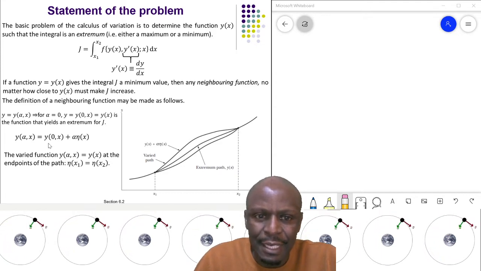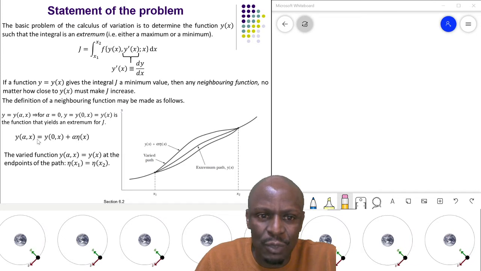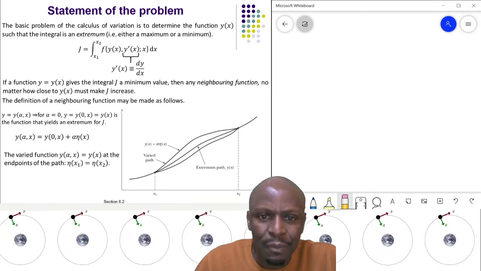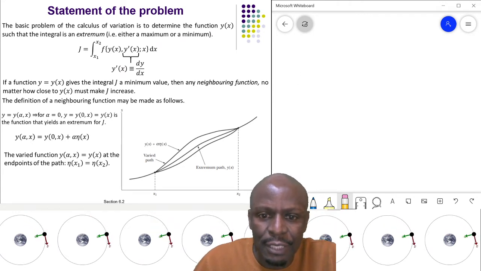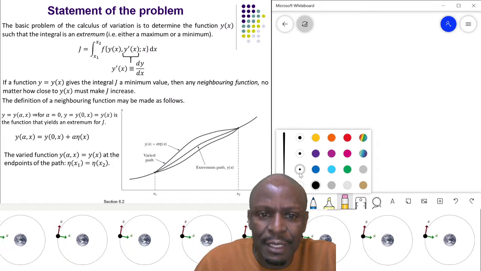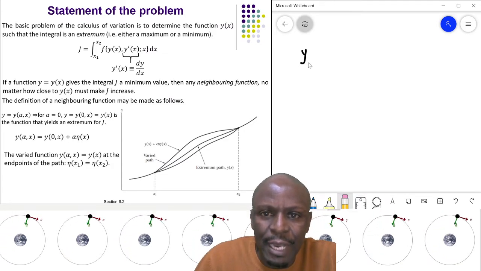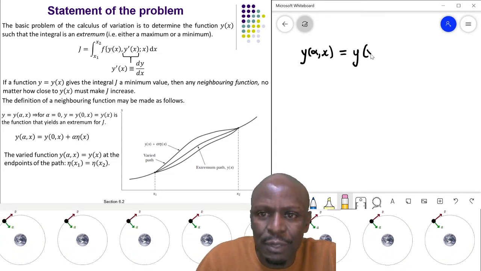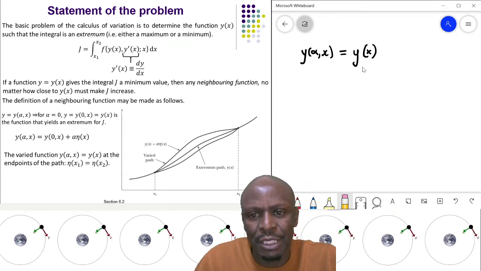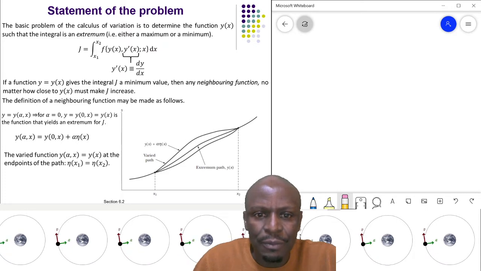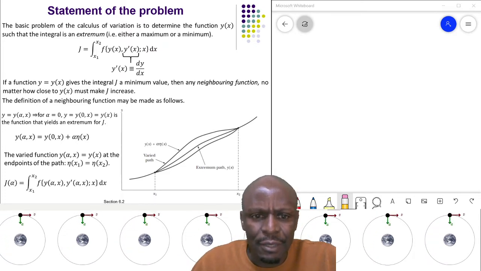That means that when alpha is equal to 0, this function of alpha and x must just be equal to the function of x. It must just be the same as the original function. So I hope you are able to see that. That's what I want you to see.